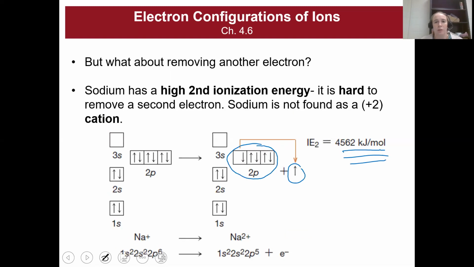So that means that sodium is not found as a +2 cation. It takes a lot of energy to remove that additional electron, so it's not likely for sodium to be found that way. That's why we're typically going to find sodium and all of our group 1 elements as +1 ions.